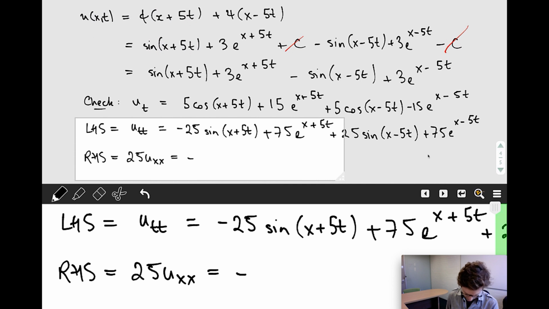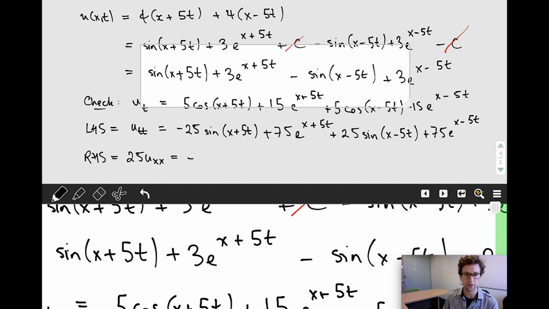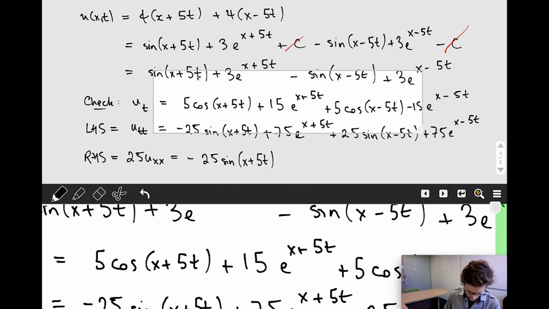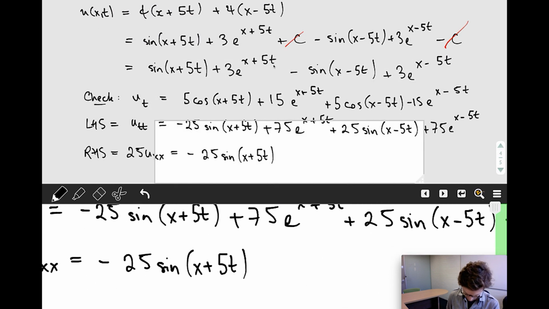Let's take a look back at our u of x and t. Here it is. The two derivatives are going to pull out a minus sign. I'm multiplying everything by 25. Two derivatives of this is going to pull down 2 factors of 5. Sorry, for the exponential in x it's not going to pull down anything.